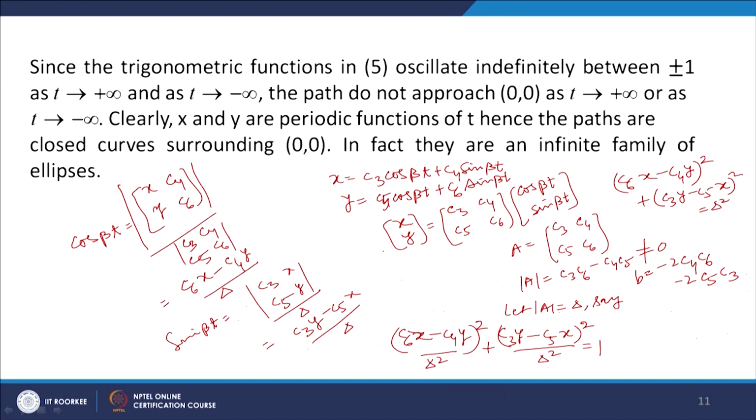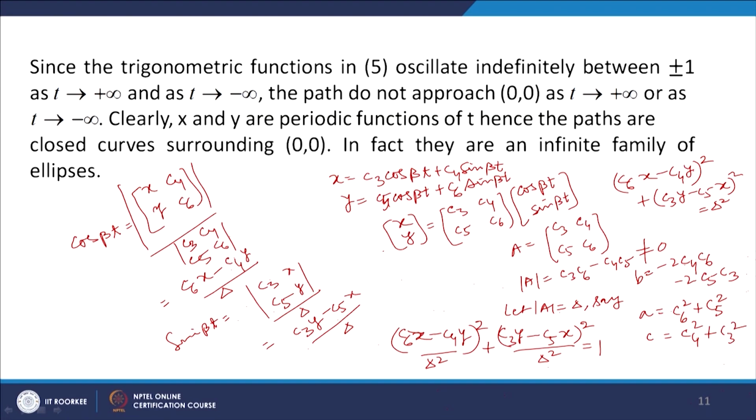And the coefficient of x square, what is it? Let us denote it by a. So, it is C6 square plus C5 square. And the coefficient of y square we are denoting by c, so c will be equal to C4 square plus C3 square.